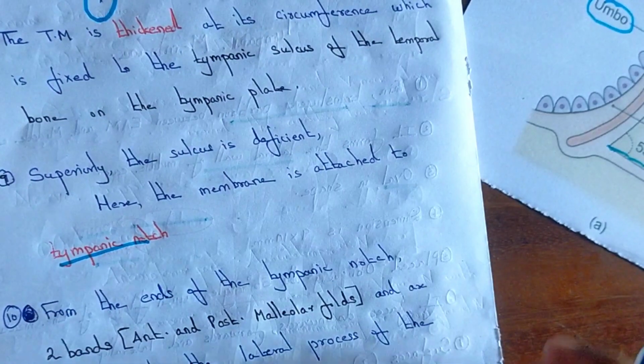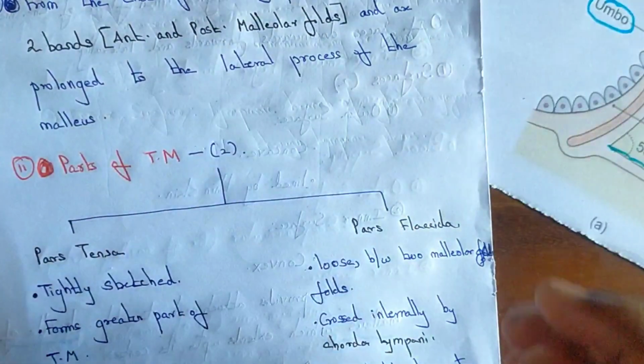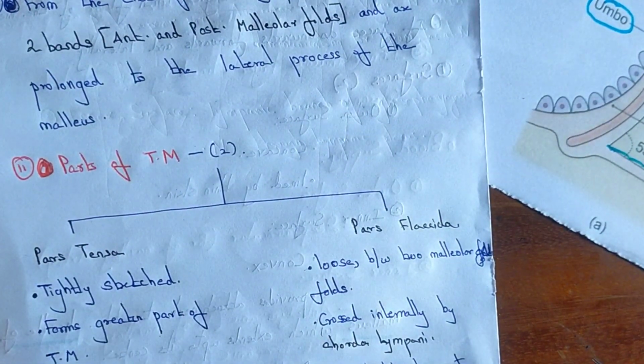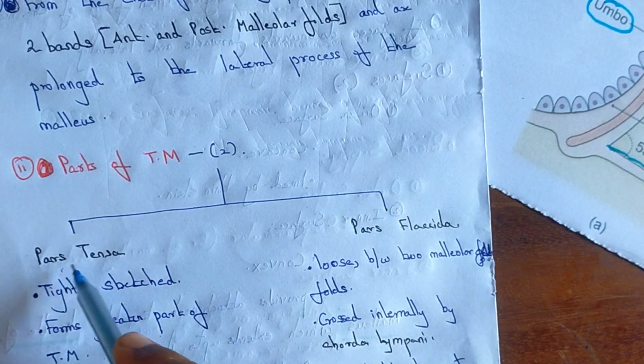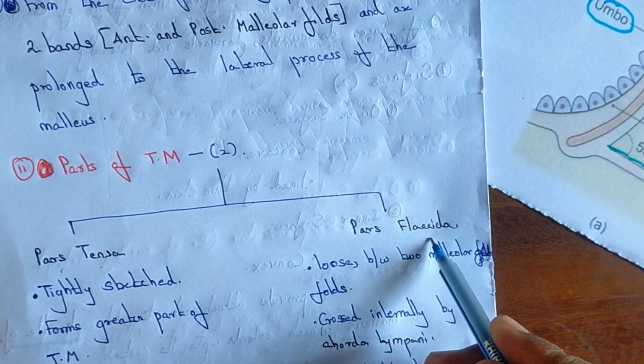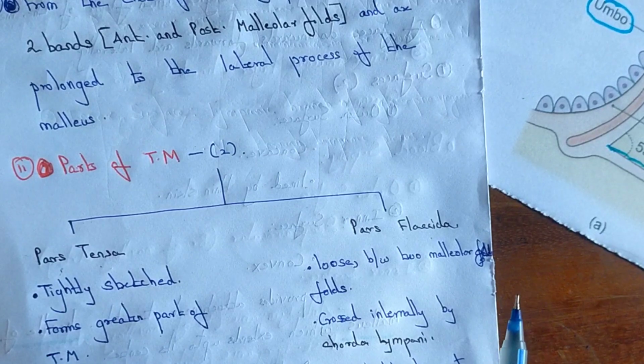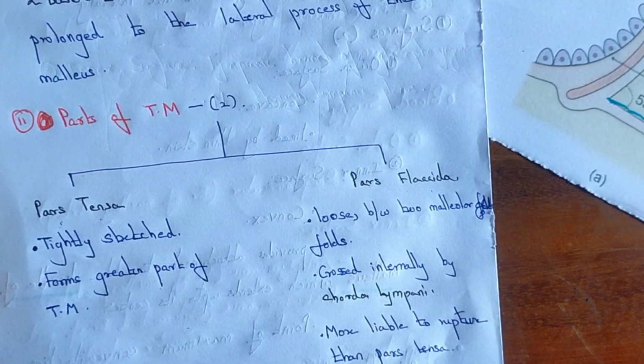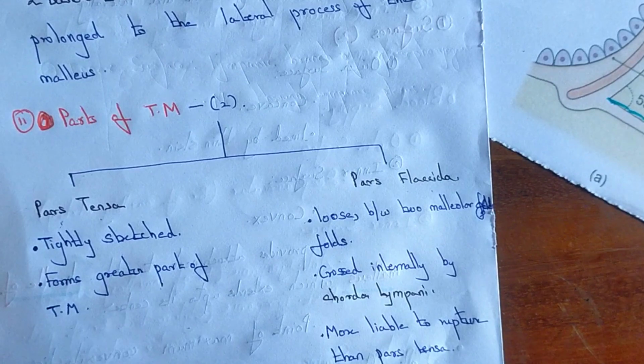Now let's see the parts of the tympanic membrane. It has two parts actually, the pars tensa and the pars flaccida. The pars tensa is tightly stretched and the pars flaccida is loose, and the pars flaccida is found between the two malleolar folds.